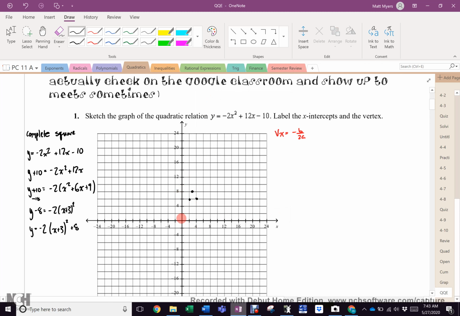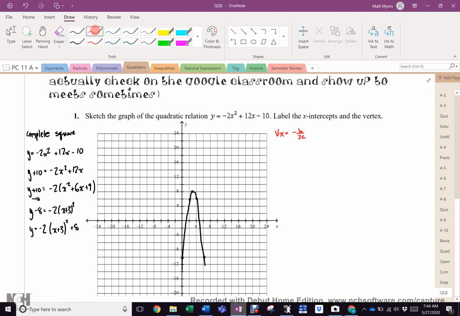So that's 8, 12, 14, 16, 2, 4, 6, 8, 10, 12, 14, 16, right there. Oh, sorry, 18. Gotta go down to negative 10. And 1, 2, 3, right there. So that's what my graph would look like.